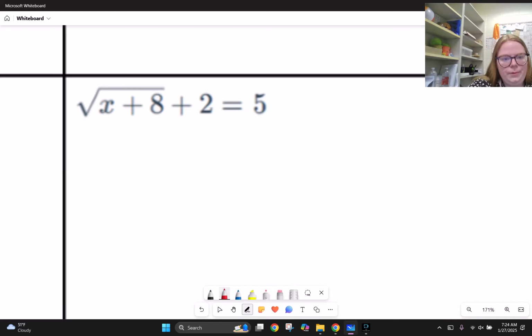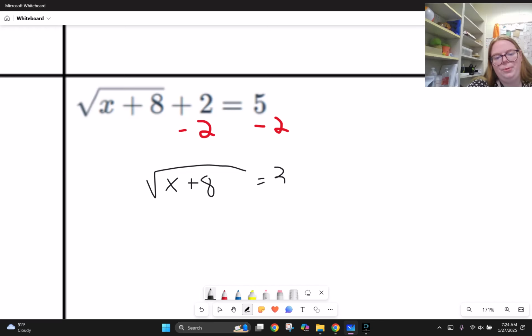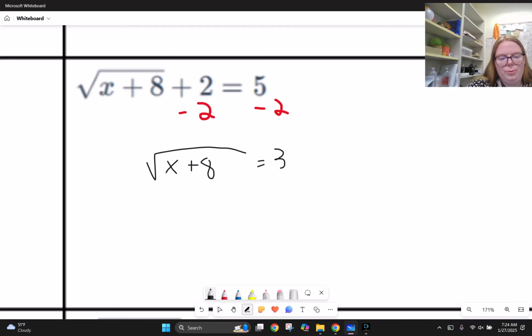Okay, so over here, again, our first step is going to be to isolate the radical, whether it's a square root or cube root. So the first thing we're going to do is subtract 2 from both sides. So I've got the square root of x plus 8 equals 5 minus 2, which is 3. Next, you will square both sides of the equation.